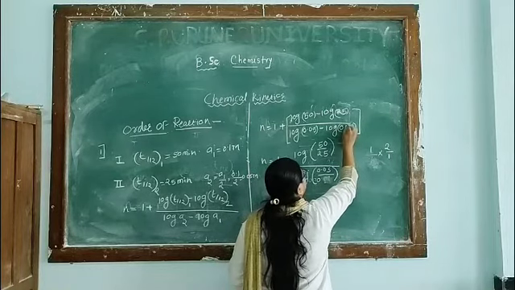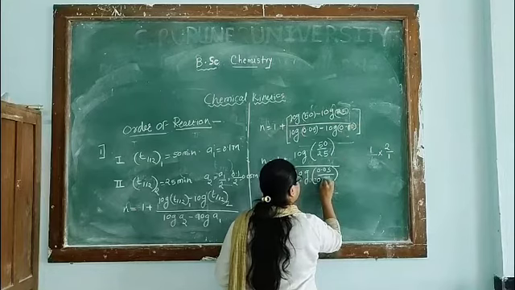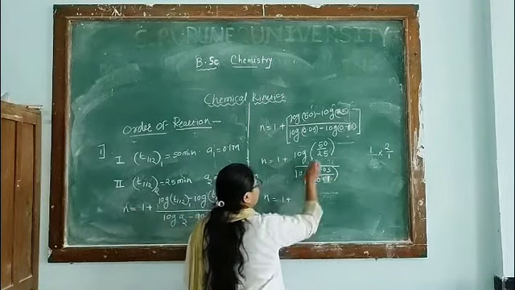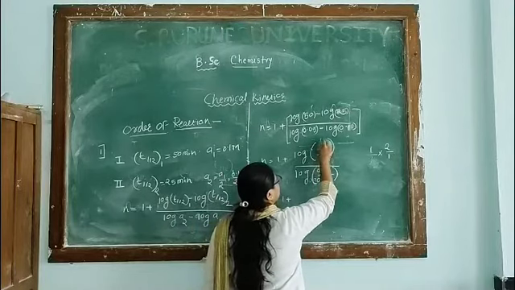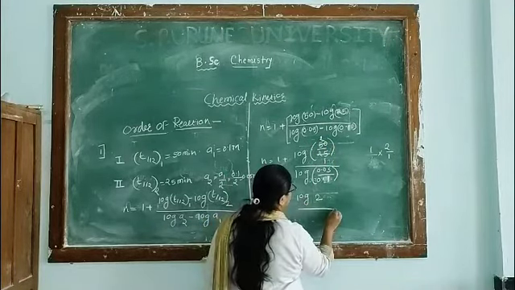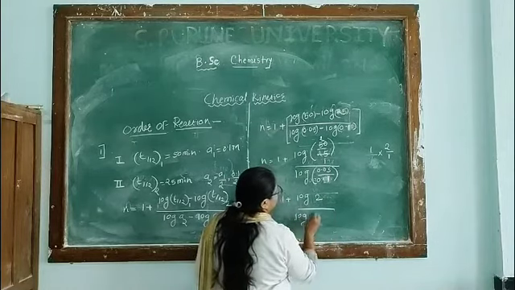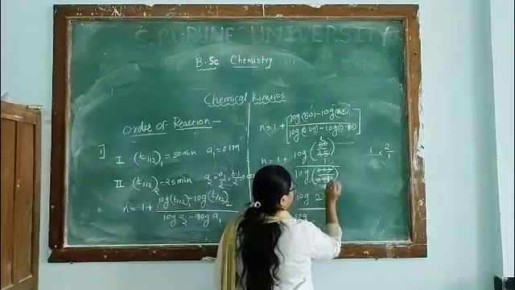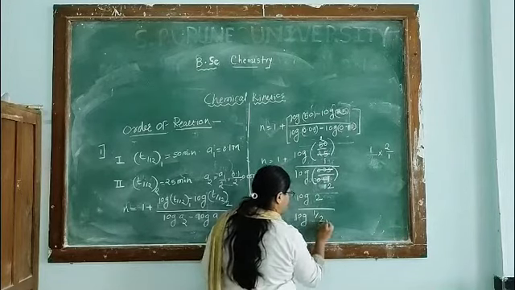This is 0.1, not 0.1, 0.1. So N is equal to 1 plus, now this is log of 2 divided by log of 1 by 2.